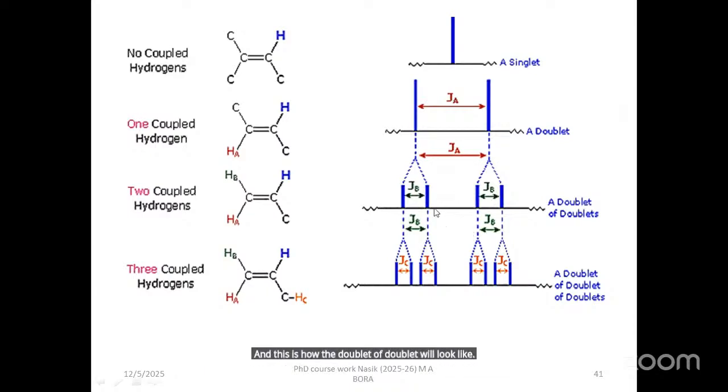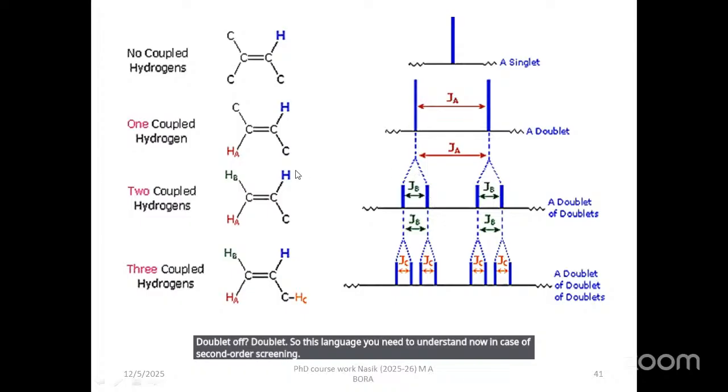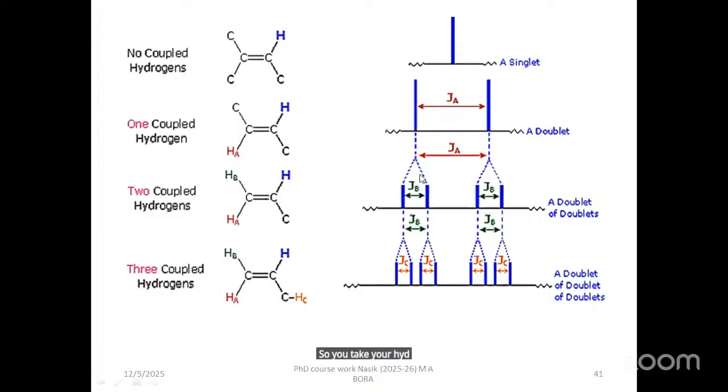So you can see here that there are four lines, one, two, three, four, and it will look like a doublet of doublet. So this language you need to understand now in case of second order splitting. You take your hydrogen and it will first split into two lines, and each line of the doublet will be further split into two lines.